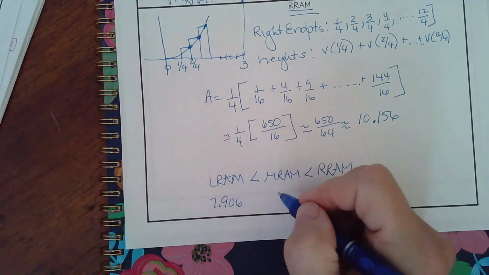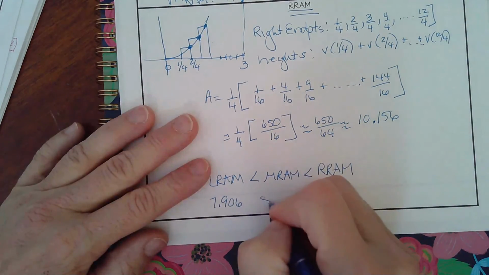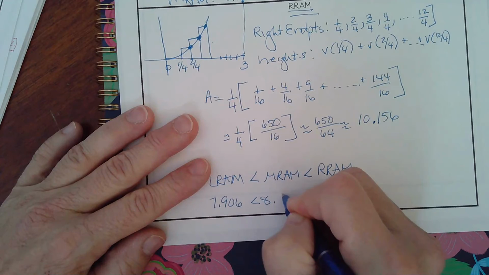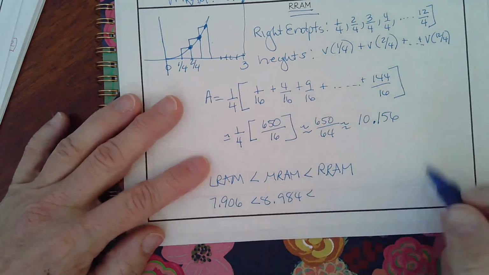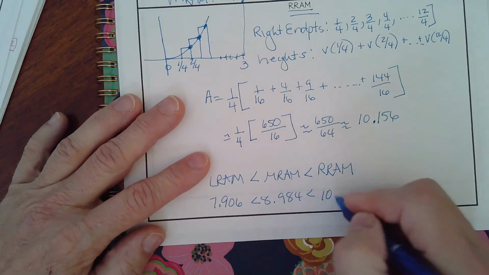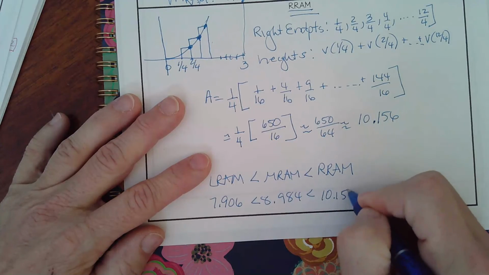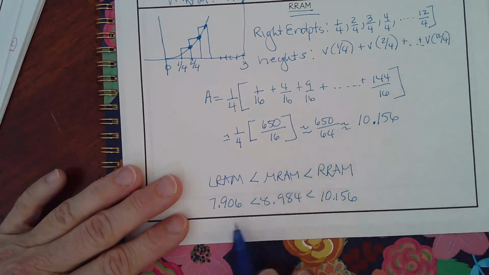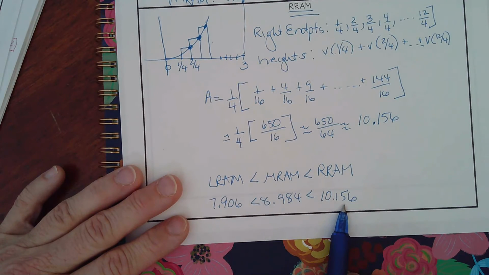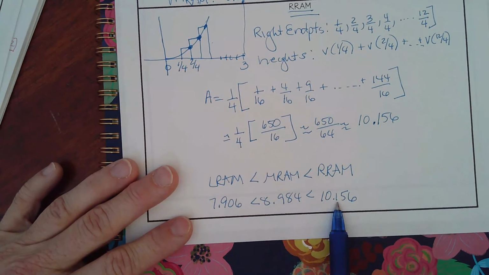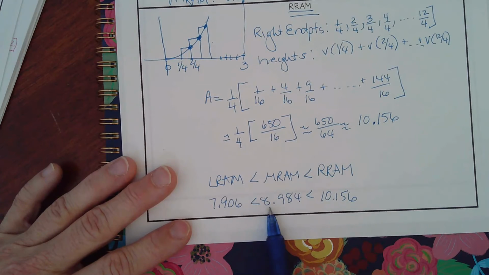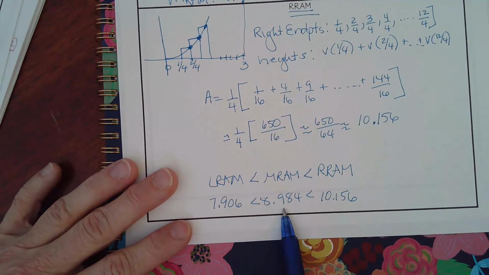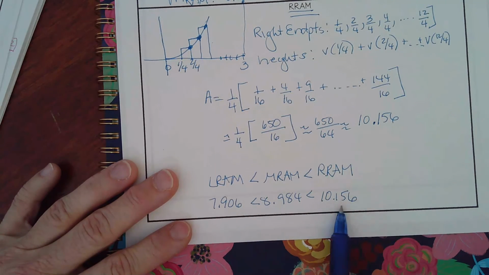Our MRAM was 8.984, and our right RAM is 10.156. So thinking in terms of what method we used, the values should make sense, that the midpoint should be between the left RAM and the right RAM.